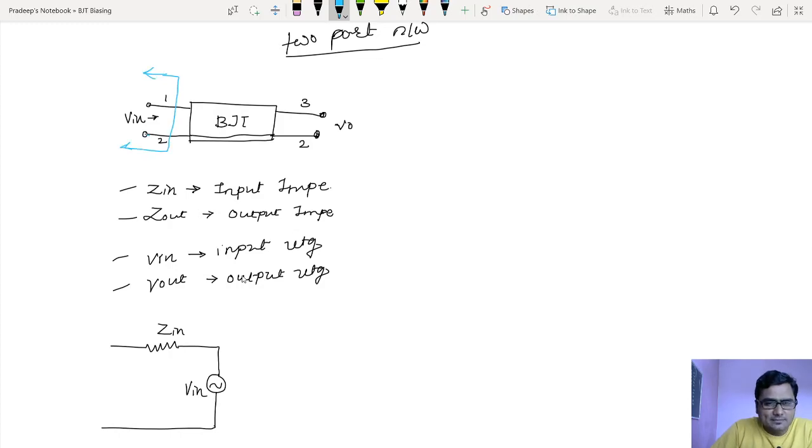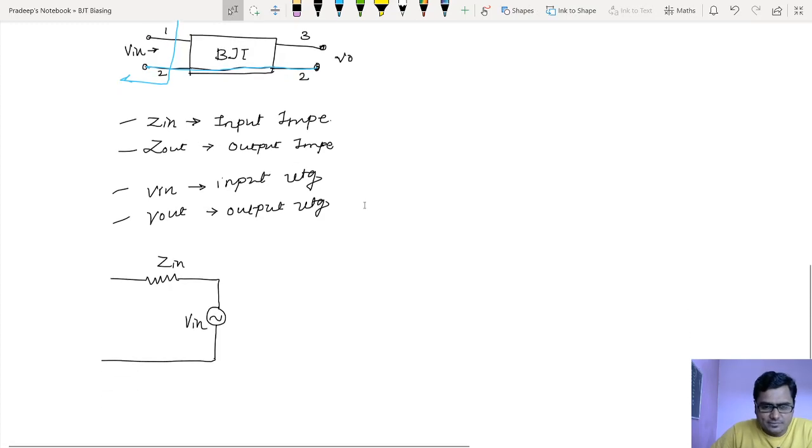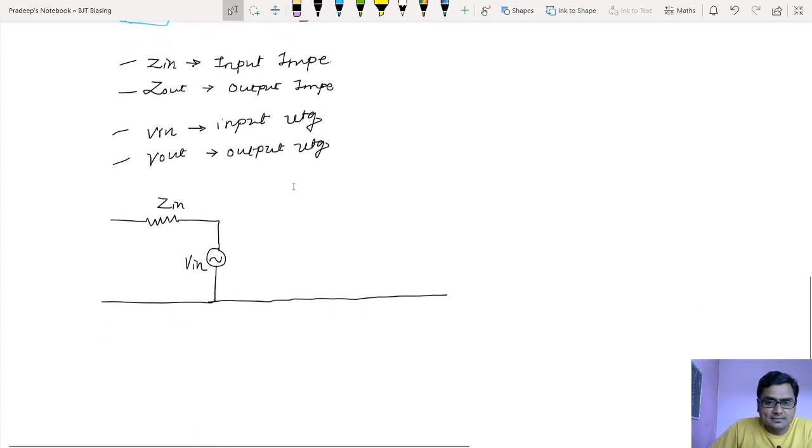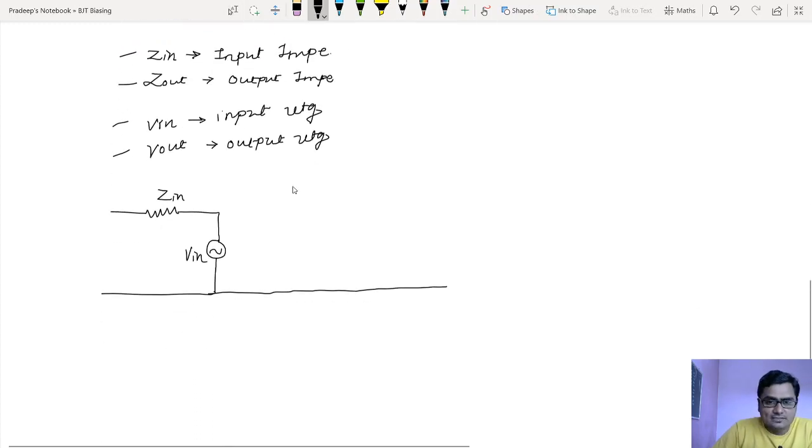Now see, one terminal is common between input and output, so let me draw that common terminal here. Now output voltage and output impedance have to be shown in the circuit. This is the output voltage, a voltage component shown like this.